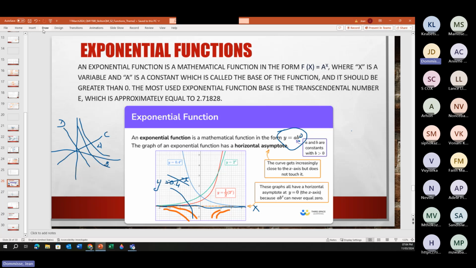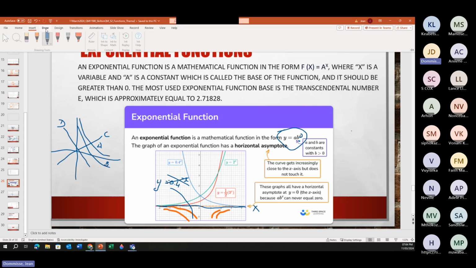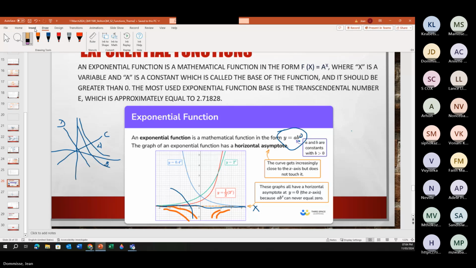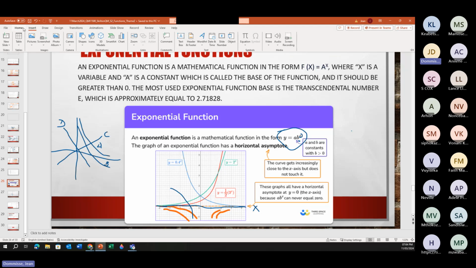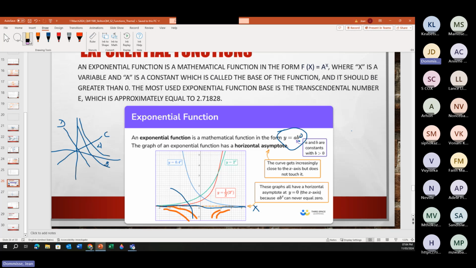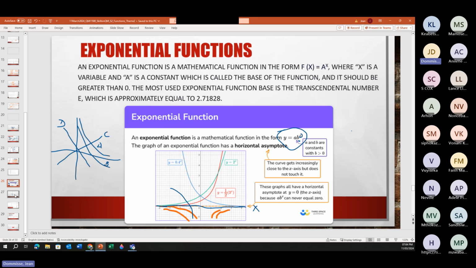Okay, so how would that line look? Let me quickly take that out. I need to think how a minus X will look. Let's just look at that formula again.